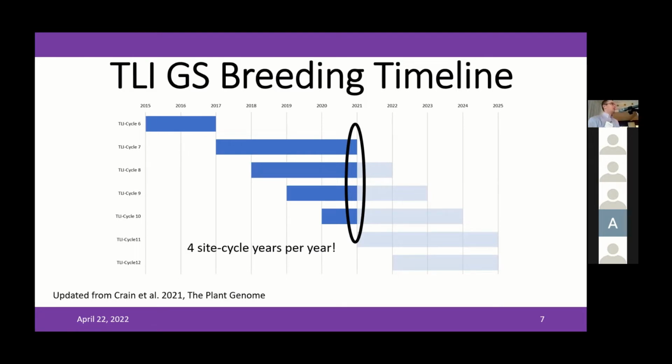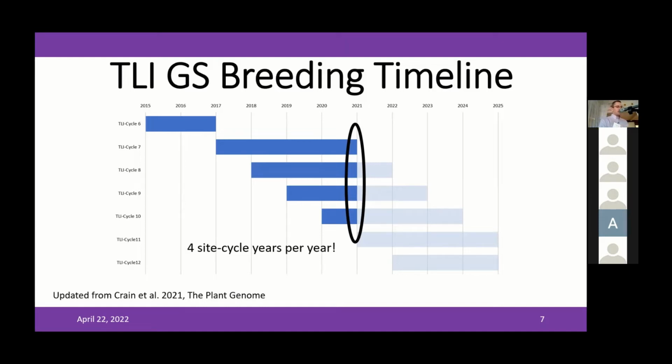And again, looking long term at these plants, we also get multiple cycles and site years of data, so that we're no longer constrained to evaluating just cycle 6. Maybe it's a drought year, maybe it's a very wet year, and then the following year you're evaluating a different cycle under different environmental conditions. This gives us a little bit more robust model that we think is going to help increase our selection accuracy.